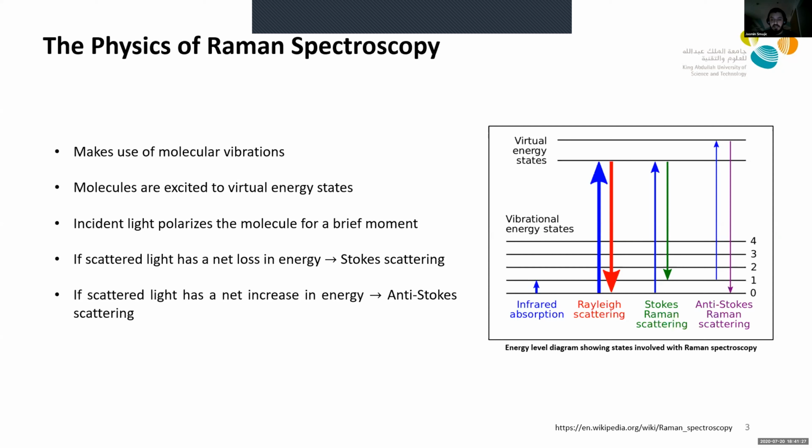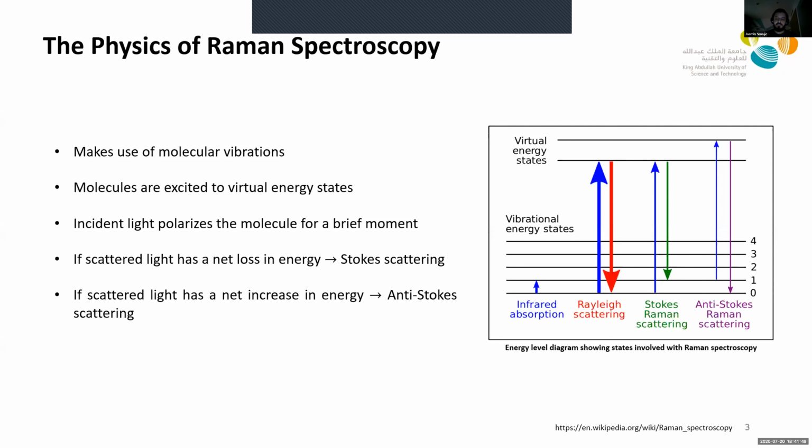But occasionally what happens is that as you shine the laser on the sample, the bonding electrons get displaced, and you create a momentary polarization of the molecule.